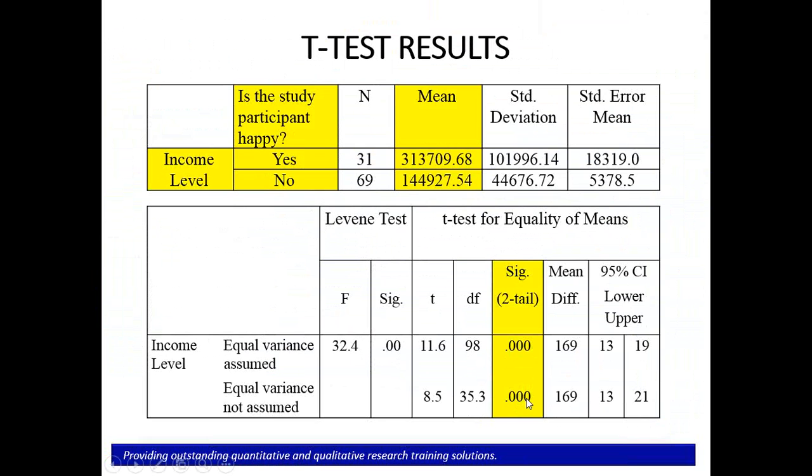So the results are statistically significant, and it's saying there's a higher mean income for happy, yes. Study participants that are happy have a mean income of over 300,000, and the mean income for participants that are not happy is almost 145,000.